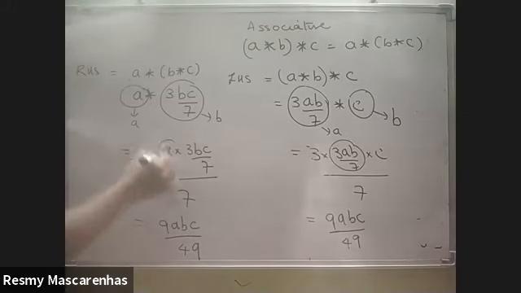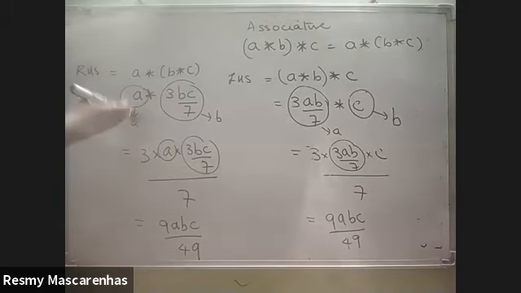So 3A into B upon 7. This is the easiest, the simplest way I can explain to you: imagining this as A, and this whole thing as B.